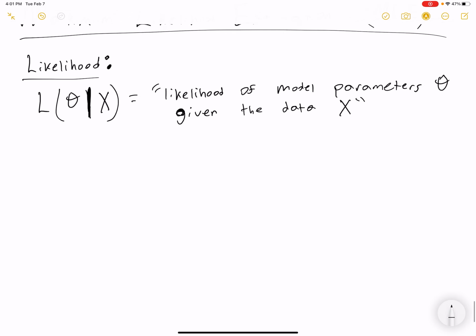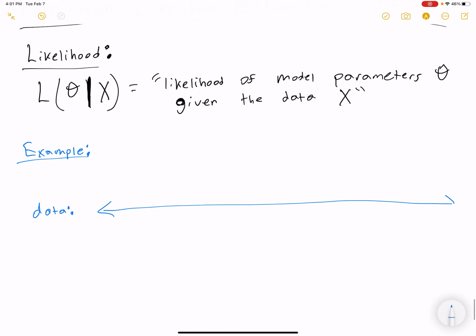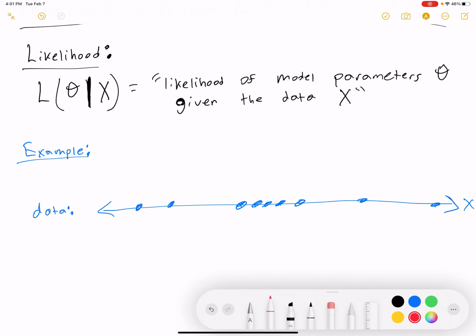And so, for example, if we have data that look like this, in one dimension, you could have many normal distributions that fit the data.